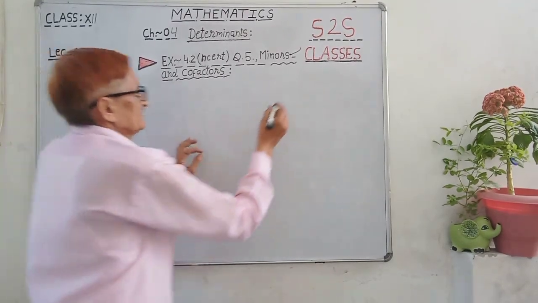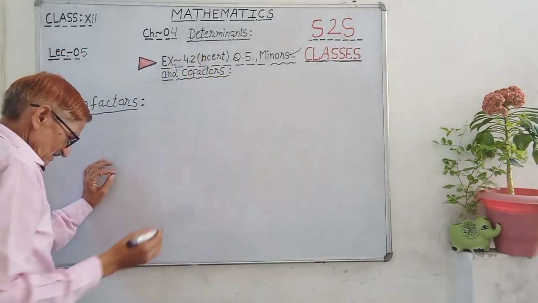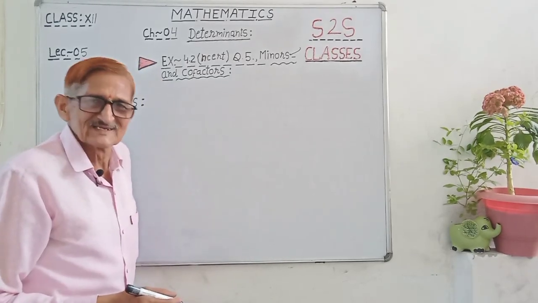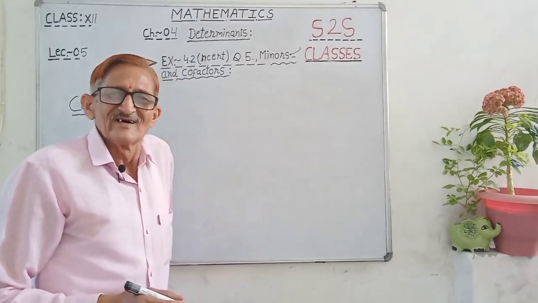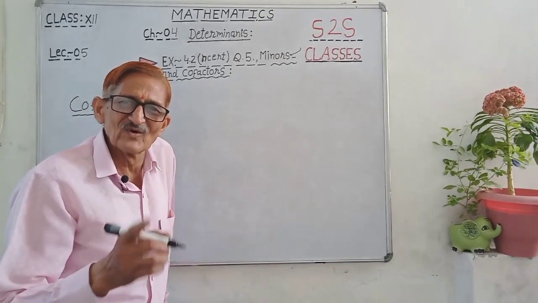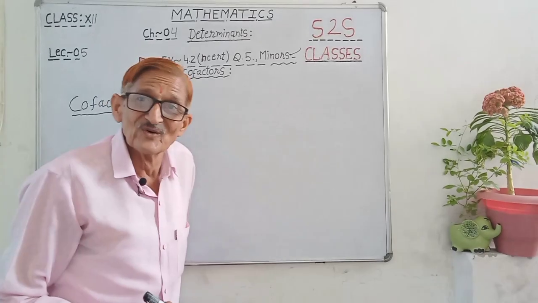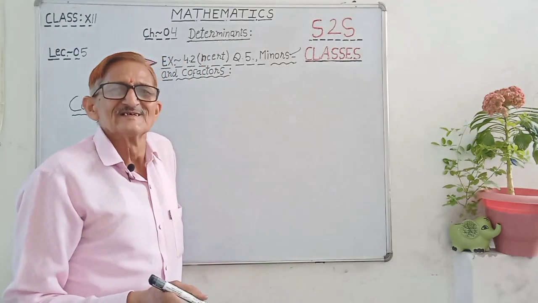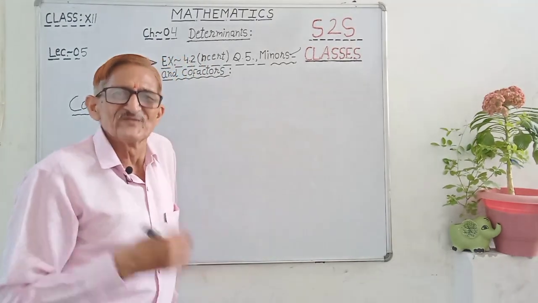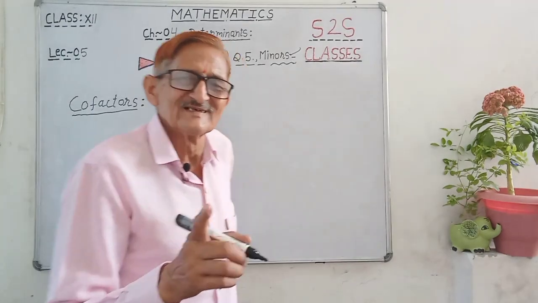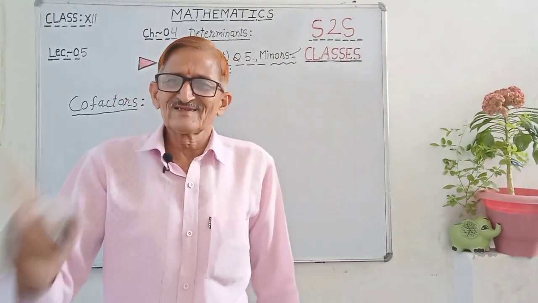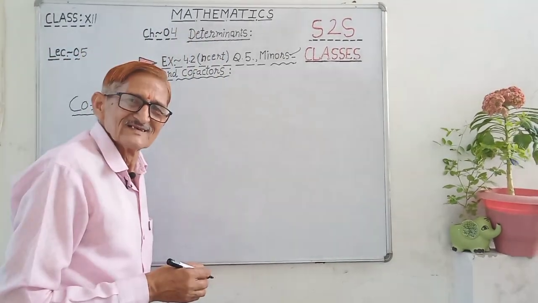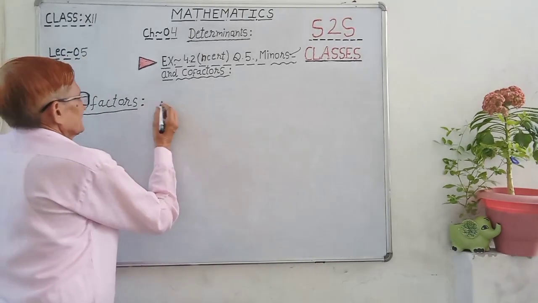Cofactors are similar to minors: multiply the minor by -1 where the sum of i and j of that element is odd, to get the cofactor. Otherwise it stays the same.